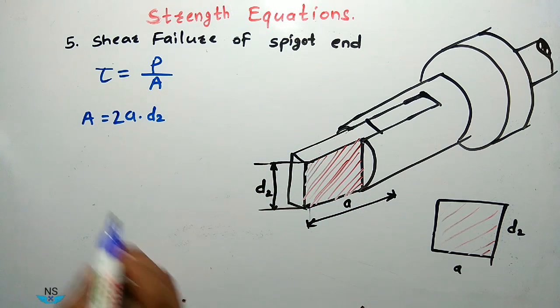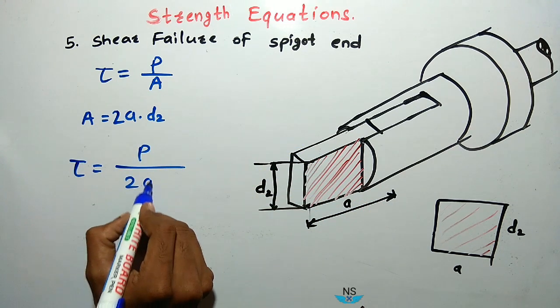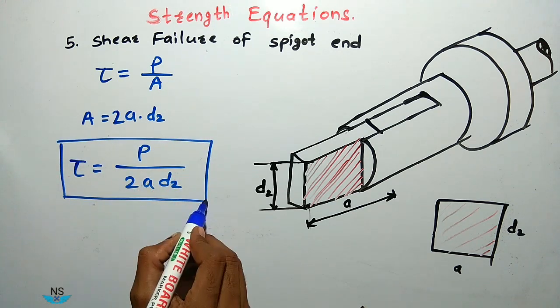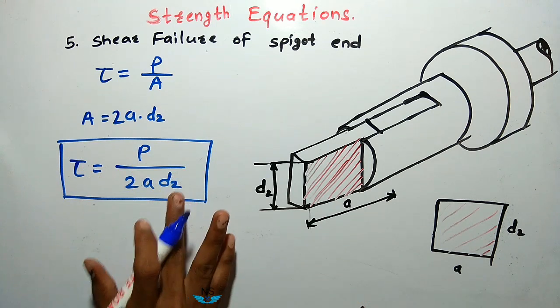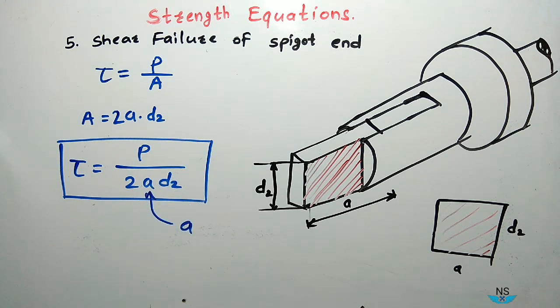So 2 times A into D2. So the strength equation becomes P divided by 2 A D2. Now tau is known, P is known, D2 is known. You can find out A from this equation. So this is the fifth strength equation which is used in quarter joint.